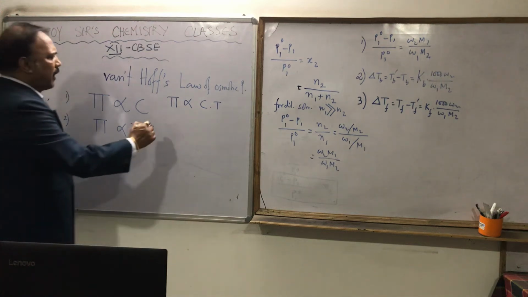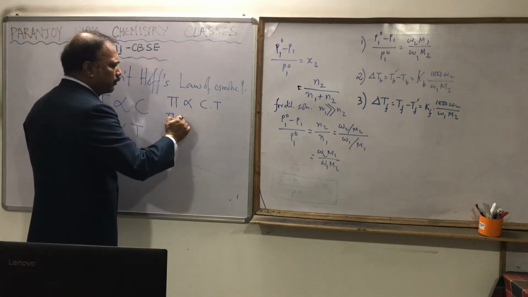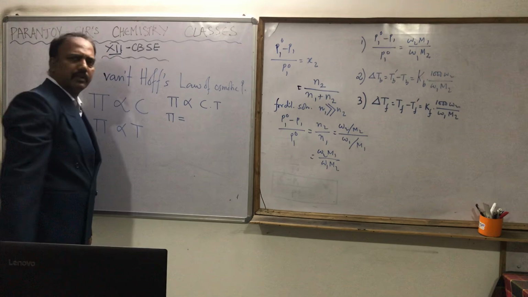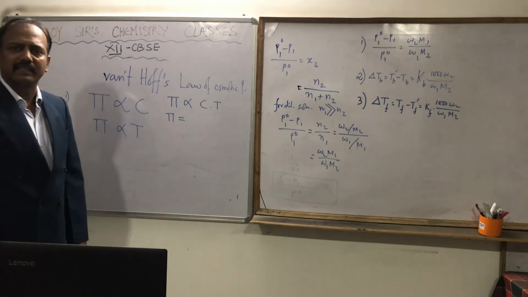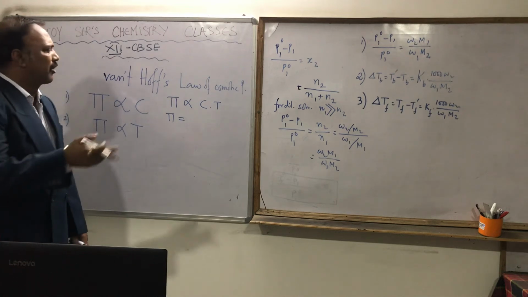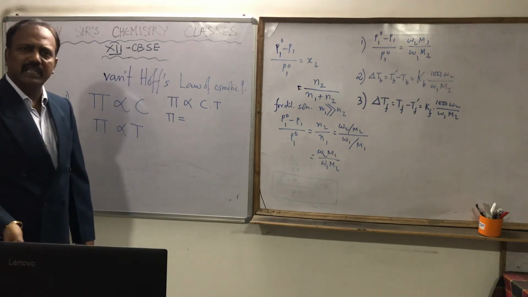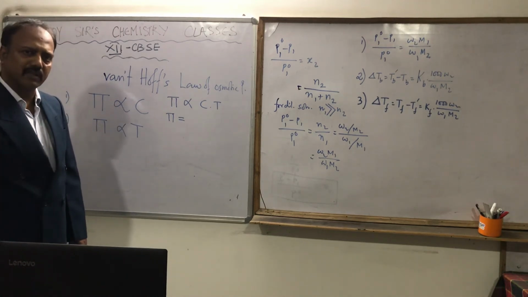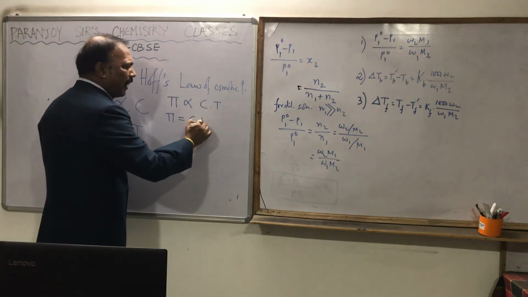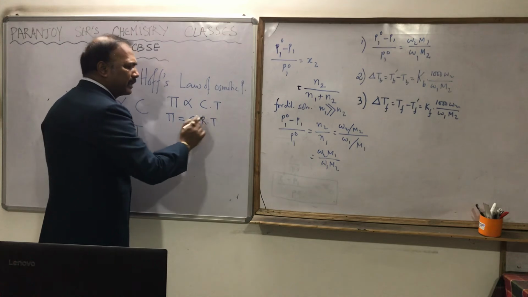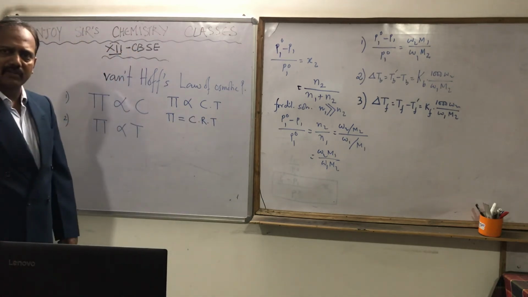So you can write pi is equal to some constant into C into T, and very surprisingly he found that the constant for the osmotic pressure is nothing but the ideal gas constant. So the equation he got is pi = CRT, where R is the ideal gas constant.